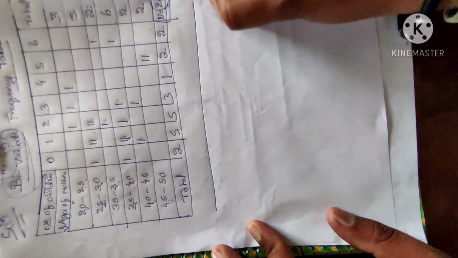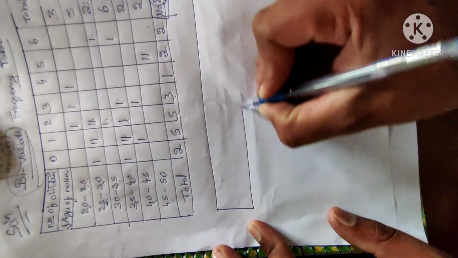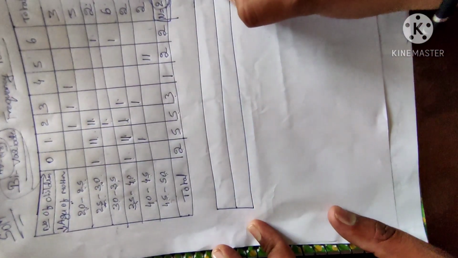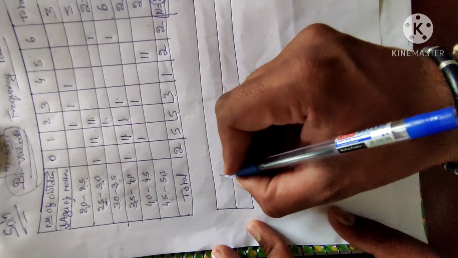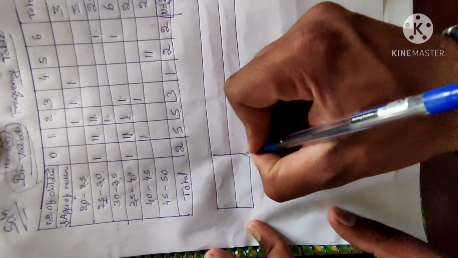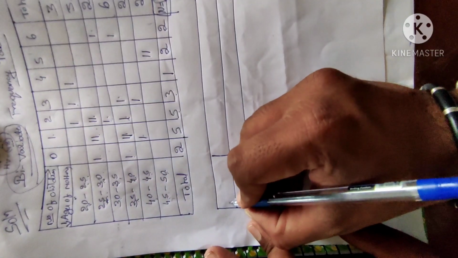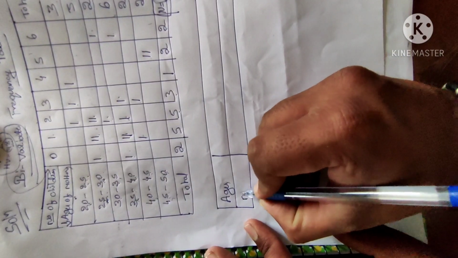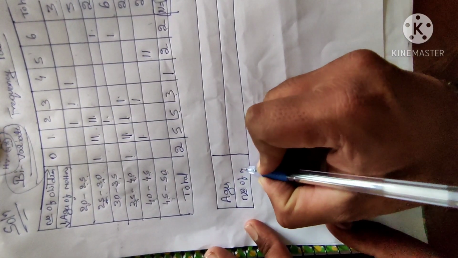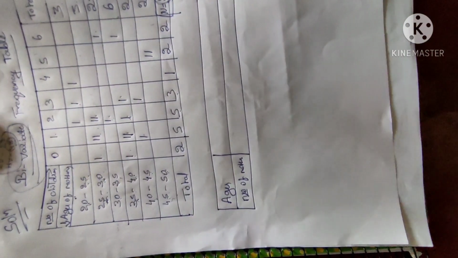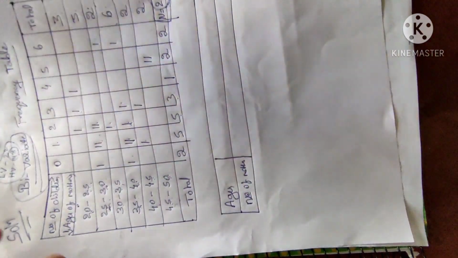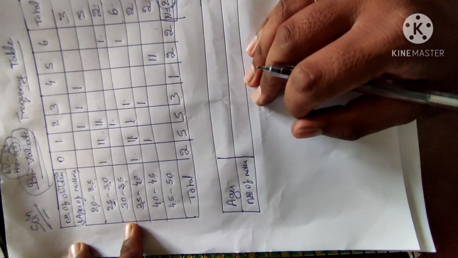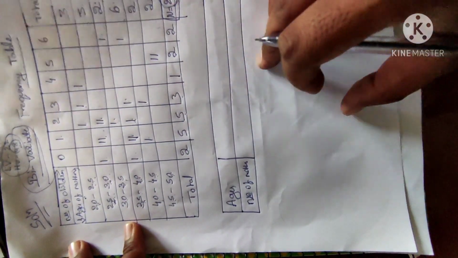So first I will take ages of mother, ages. Next, number of mothers. So this bivariate table we can convert into individual tables or individual marginal frequency tables.